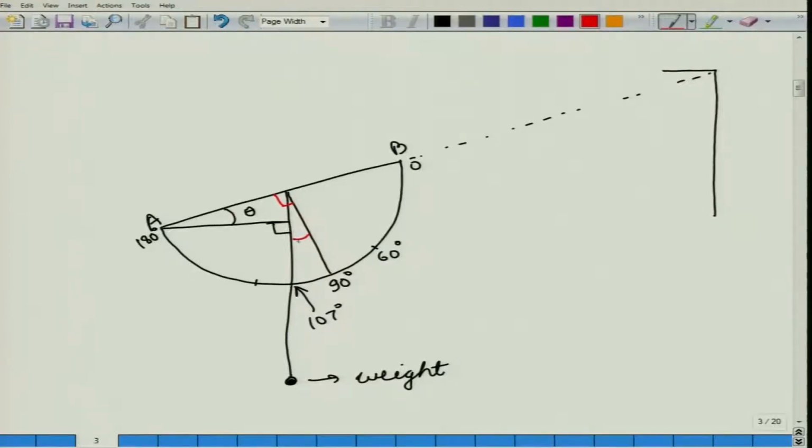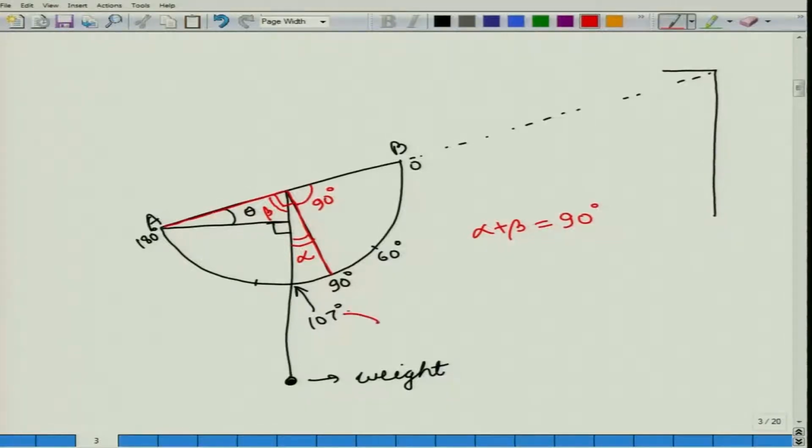We have measured this angle, let us call it alpha. Now, if this angle is alpha and this angle, suppose, beta, we know that alpha plus beta is equal to 90 degrees. What exactly we have measured is, this again is 90 degrees.